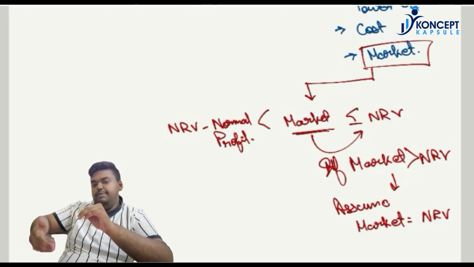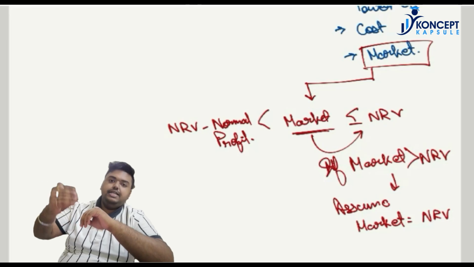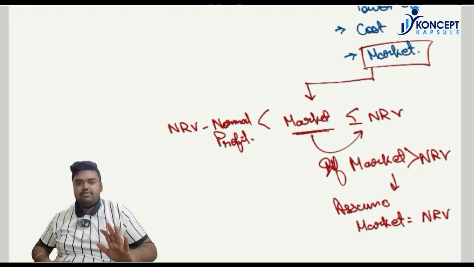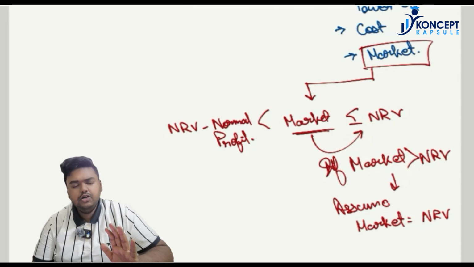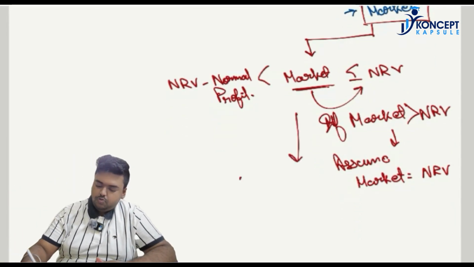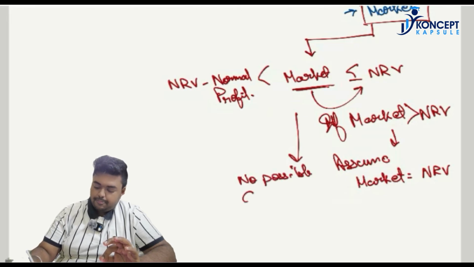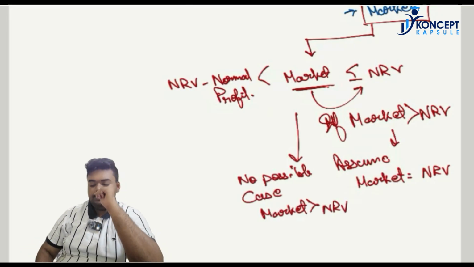If at any point of time market becomes more than NRV, we will assume that market is equal to NRV. So in no case will market value be more than NRV. Are we clear, guys?